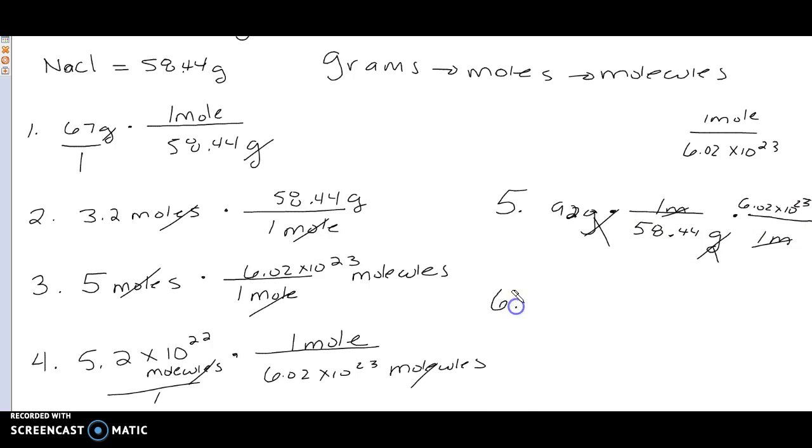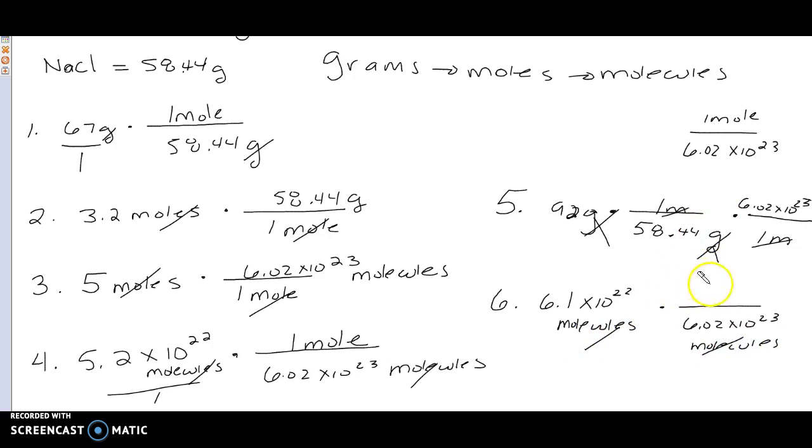And then the last one is how many grams in 6.1 times 10 to the 22 molecules. And it's actually working this in reverse. So I'm just going to start with what I'm given. I need to get from molecules to moles. So in this case, I'm going to put the 6.02 times 10 to the 23 down here. And that gets rid of molecules.